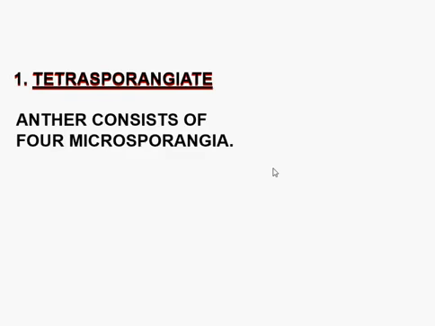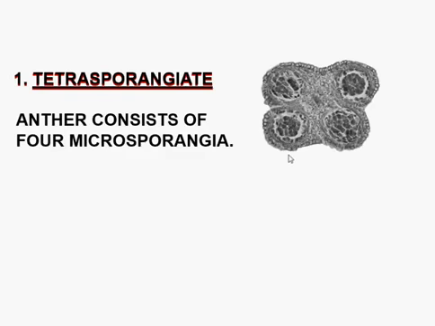So let's see the photograph. So this is a photograph of tetrasporangiate anther. So tetrasporangiate anther consists of 2 lobes. So this is lobe 1 and this side is lobe 2.